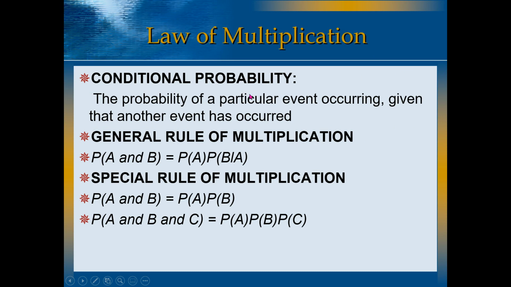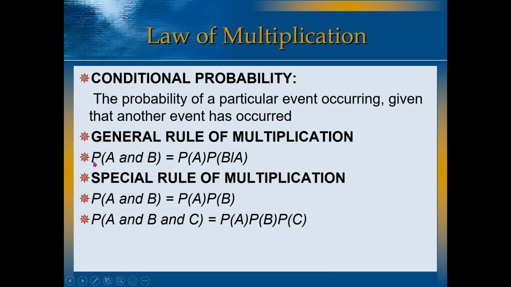So in this context, a highly relevant concept is the idea of conditional probability. Conditional probability simply means that we update the probability based on the fact that some event has already occurred.